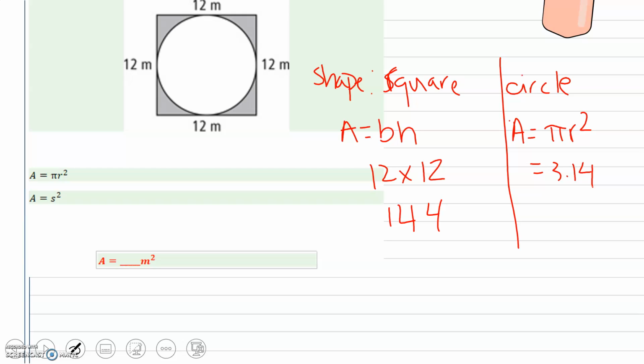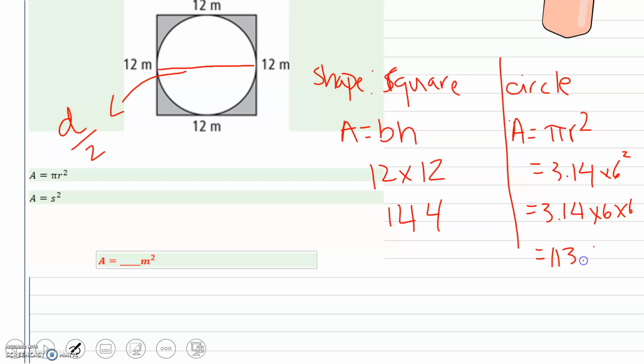Because edge to edge lets me know that my diameter is 12, I need to get half of that. So I divide that by 2, which leaves me with 6 squared. So 3.14 times 6 times 6 will give us 113.4. Now I need to subtract. I want to subtract my two numbers. We're going to do subtraction.